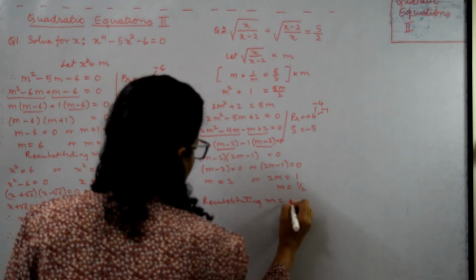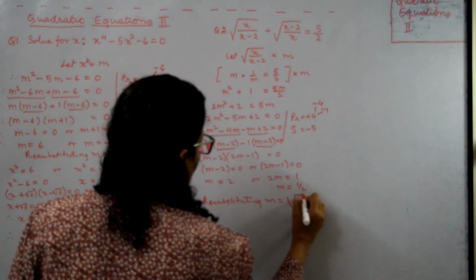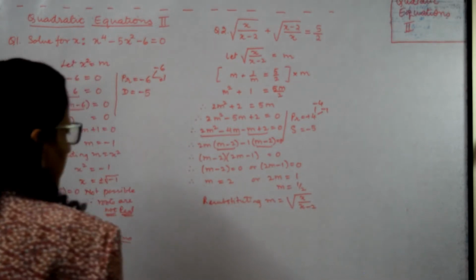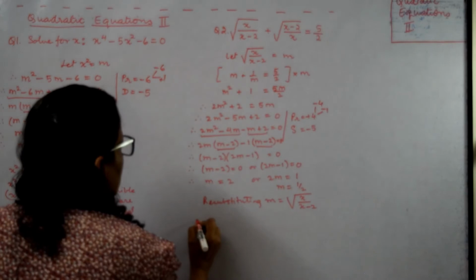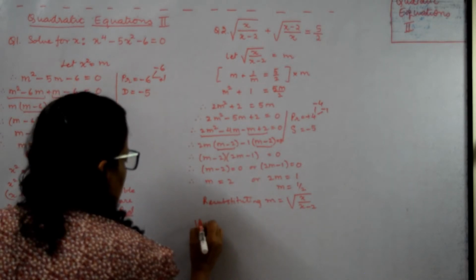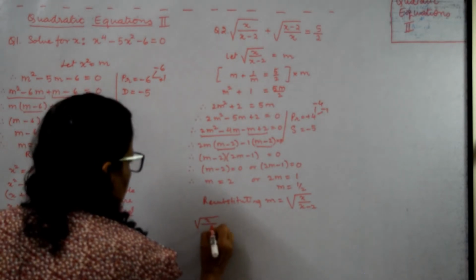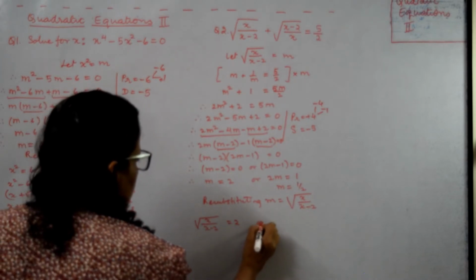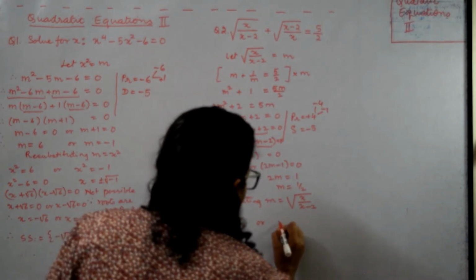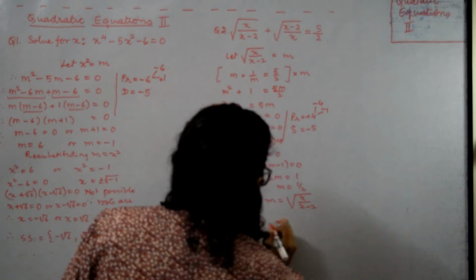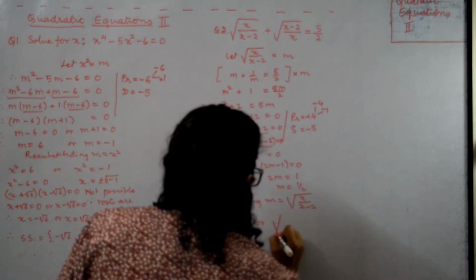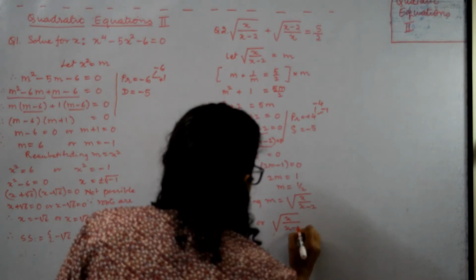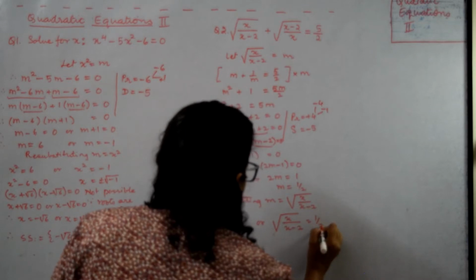So we will say resubstituting m equal to under root x upon x minus 2, and that will give us under root x upon x minus 2 equal to 2, or under root x upon x minus 2 is equal to half.